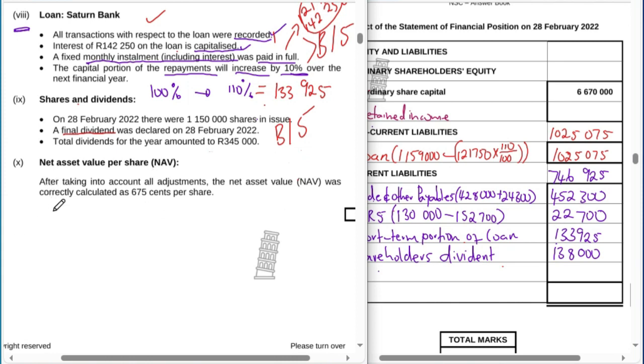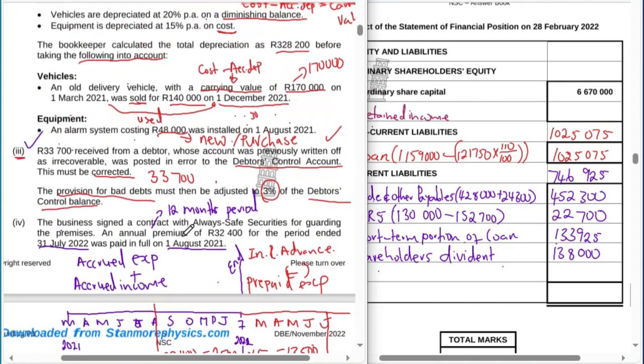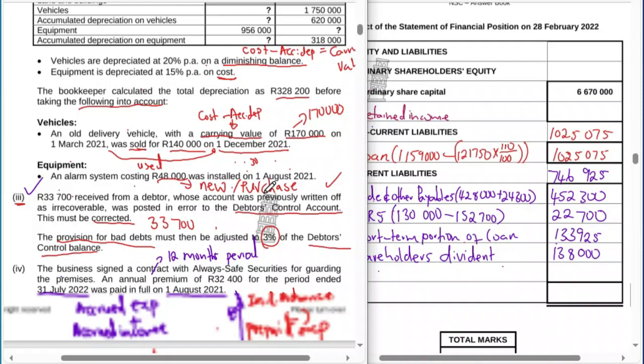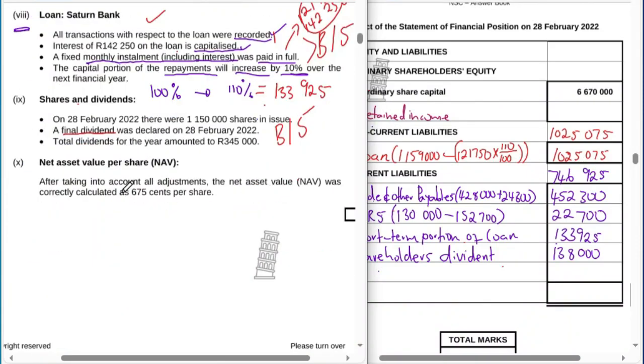After taking into account all adjustments, the net asset value was correctly calculated as 675 cents per share. So guys, because they did not give us any information that can help us for retained income, we don't have either the opening balance nor the closing balance, then we need to use our NAV.